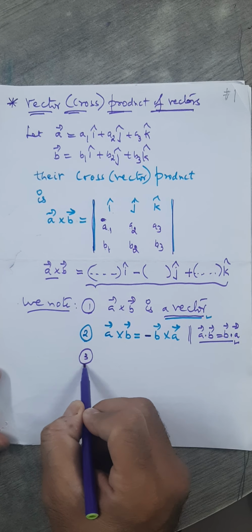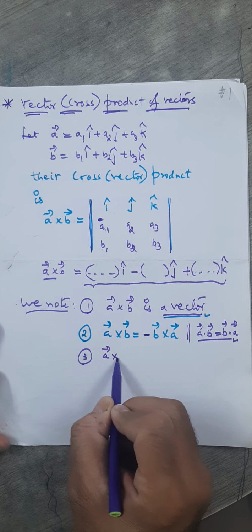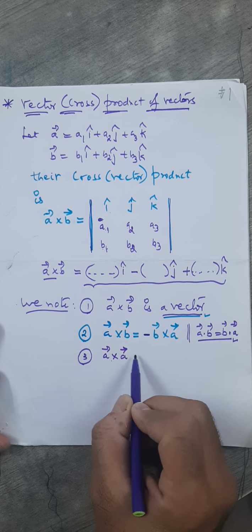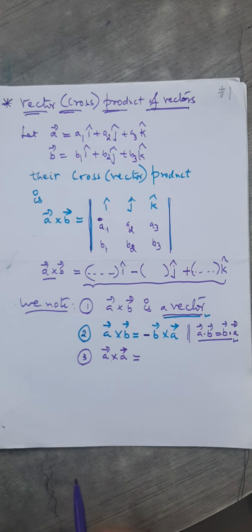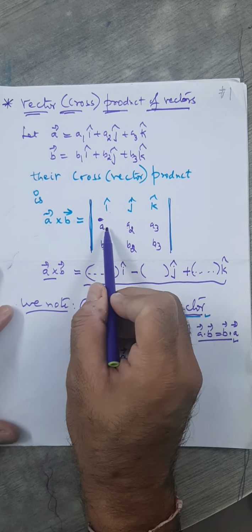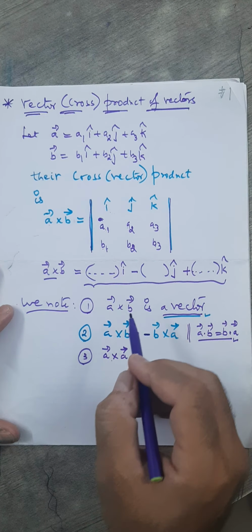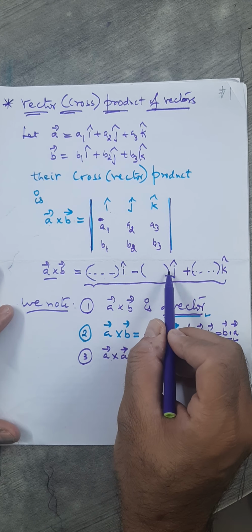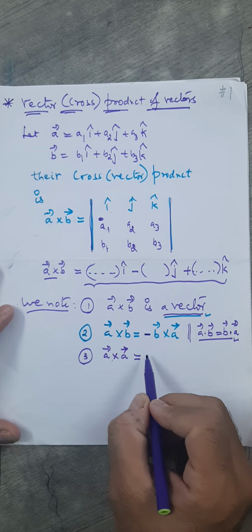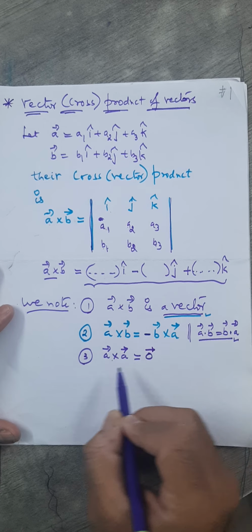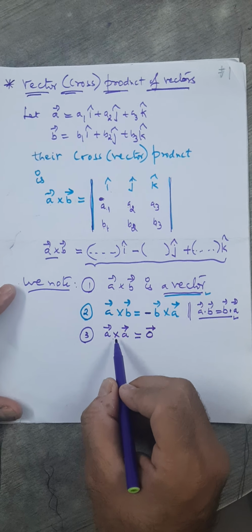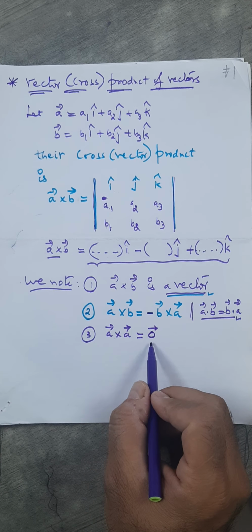Third one, if I write the cross product of a vector with itself, A cross A, then what happens? These two rows will be identical. So the value of the determinant will be 0 I cap, 0 J cap, 0 K cap. So it will be a null vector, remember. So the cross product of a vector with itself gives us what?